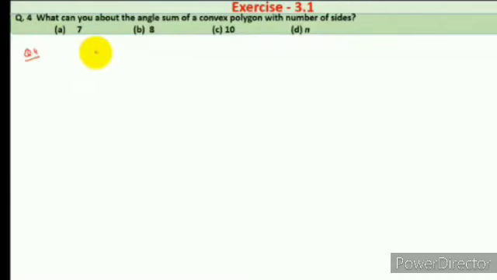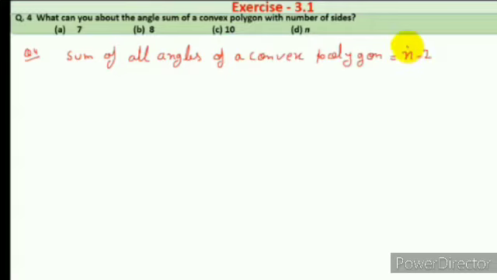Next main question. What can you say about the angle sum of a convex polygon with a number of sides? Now we are going to find the sum of all angles of a convex polygon. This is the formula: n minus 2 into 180 degrees.